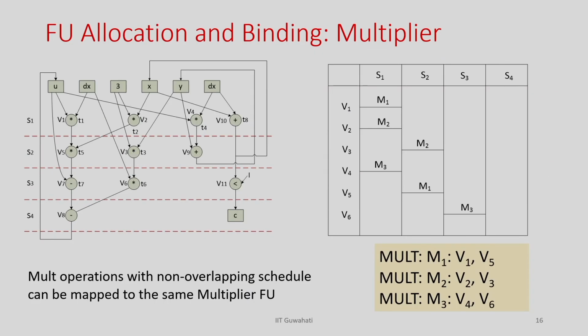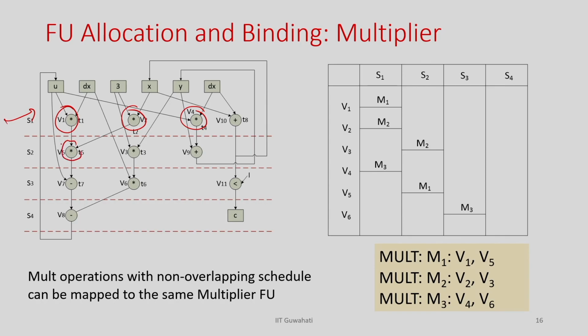The same thing is to be done for function unit allocation and binding. What is the idea here? I am doing this multiplier here and I am doing this multiplier here. They cannot share the same multiplier, because these multiplications are happening in parallel in time step 1, these 3 multiplications happening in time step 1. So, I need different FUs.